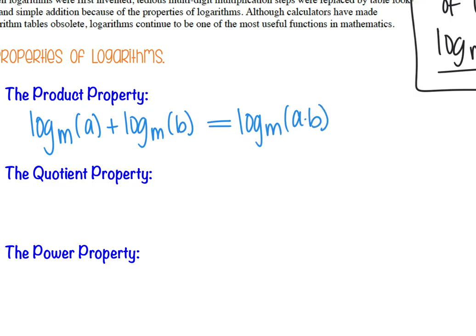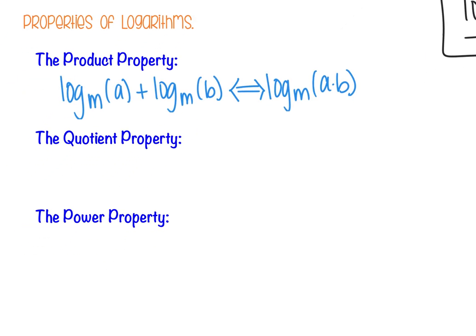So log base m of a plus log base m of b is equal to log base m of a times b, which again can be broken up and moved the opposite direction. So if you have log base m of a times b, it can be written as an addition problem.